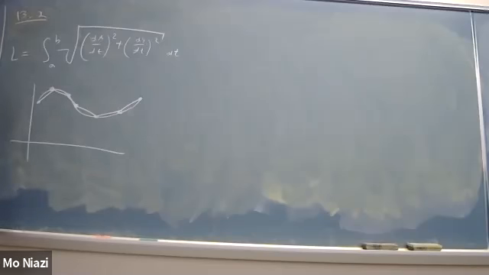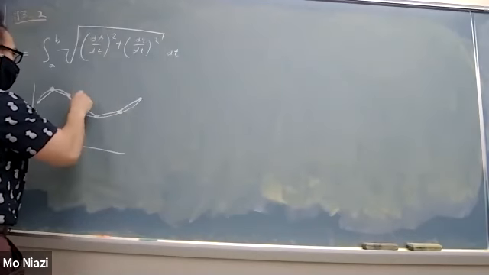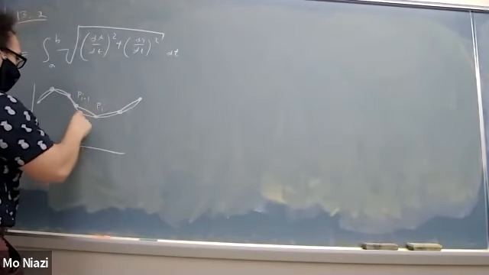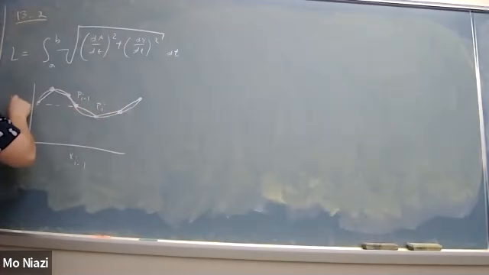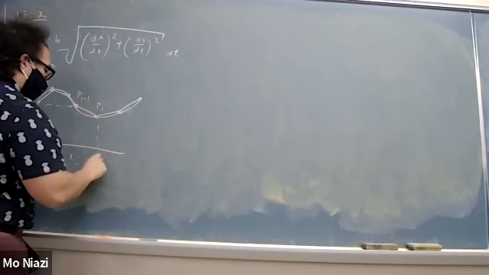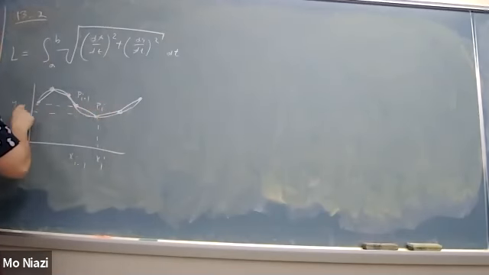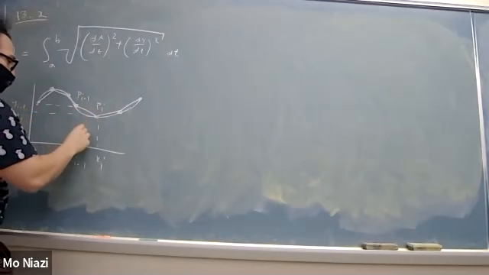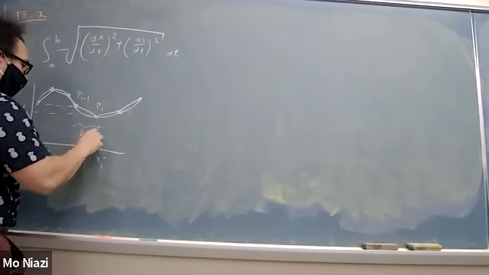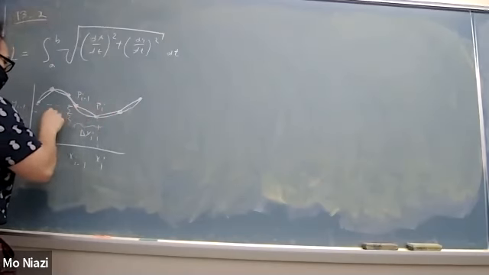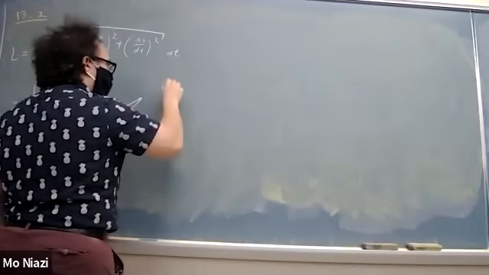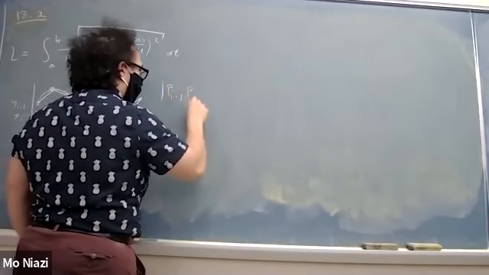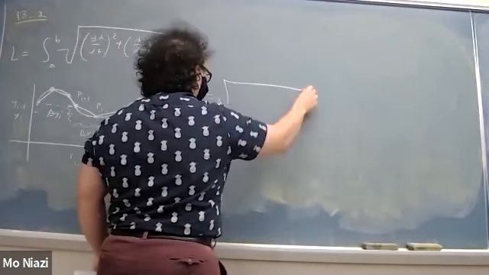And yada, yada, yada. But notice that if this is some P_{i-1}, and this is some P_i, and this is some (x_{i-1}, y_{i-1}), (x_i, y_i), and this difference could be called delta x_i, and this difference can be called delta y_i, then the distance formula between these two, which is just the application of the Pythagorean theorem, is equal to this.